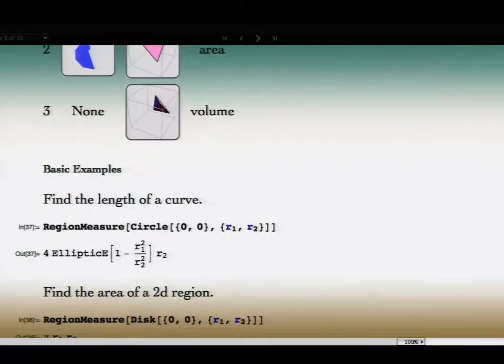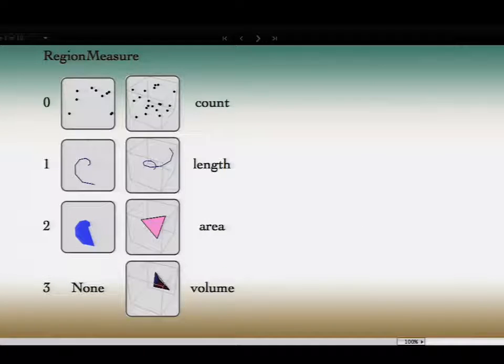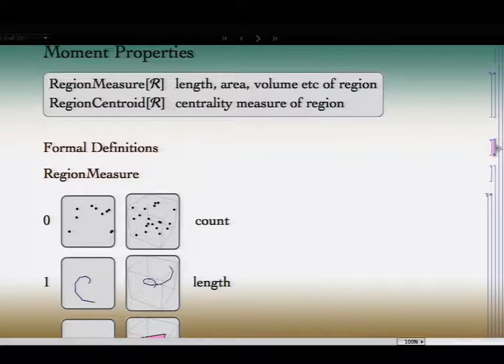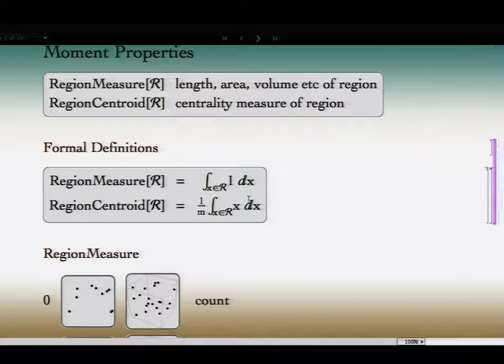And so why did I call that a moment? Because they're really defined as an integral, as we saw. The actual definition of measure is integration over the region of 1. We're going to look at the next thing, which is to measure the center of a region, where we integrate the first moment, but normalize by the measure of it.